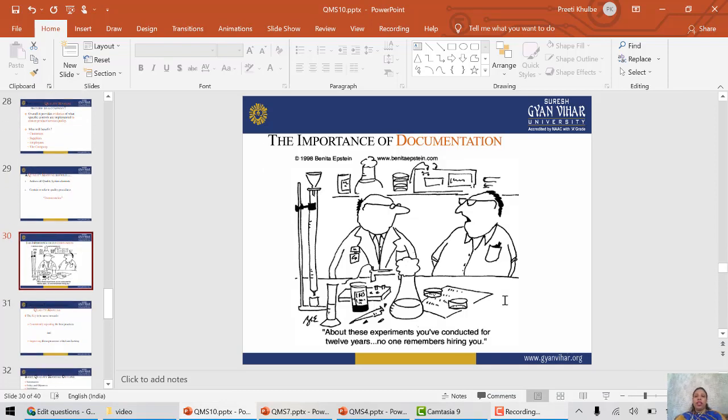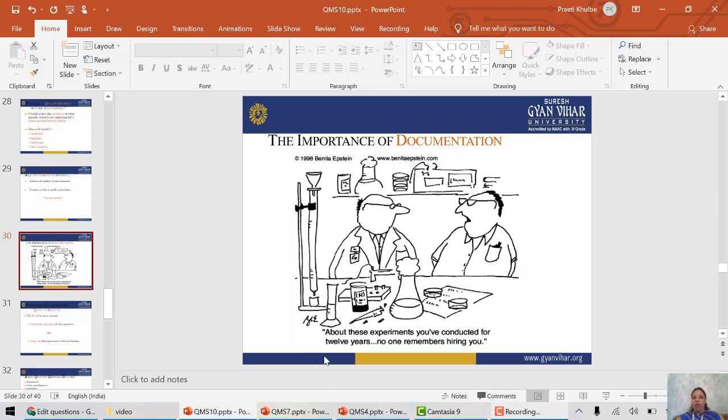Here the documentation, I have always told you that documentation is a very, very important part of the quality management system. Okay, so if there is no documentation, we can say no quality policies are followed, or no such type of system is accepted if there is no documentation.